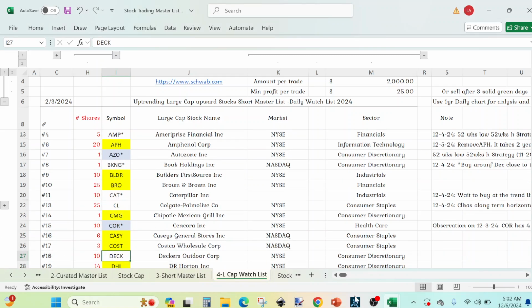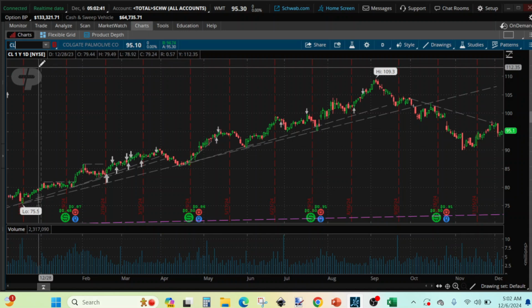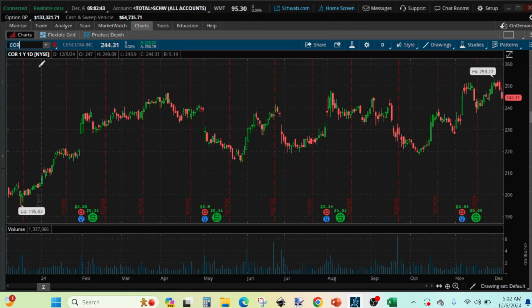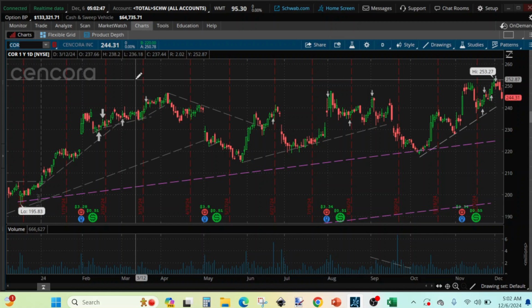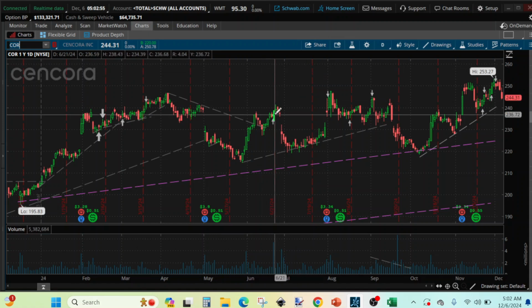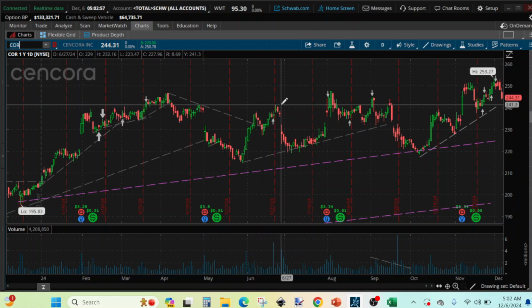COR. And by the way, we are using the Think or Swim platform to analyze our charts. We do not trade on it. We have our account with Charles Schwab, and Charles Schwab now owns Think or Swim, and it is free if you have a Charles Schwab account and you like to swing trade.